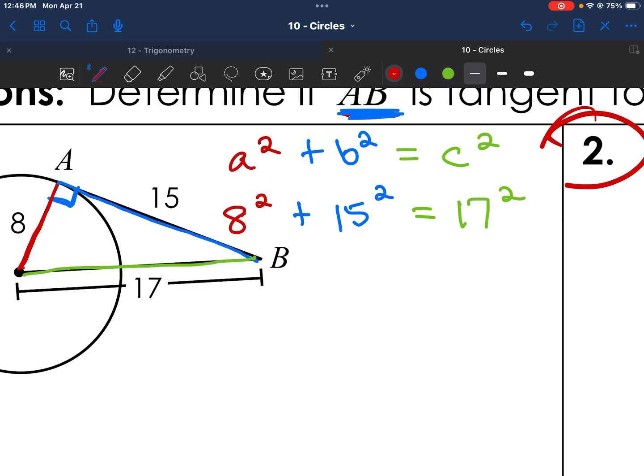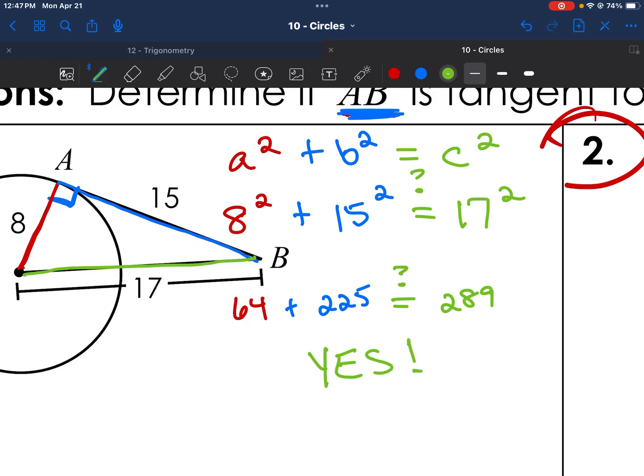Well, whether you type in the 8 squared and the 15 squared individually or all together, let's say if we do it individually, this becomes 64 plus 225 and 289. So the question that I'm asking myself is: is this a true statement? Does 64 plus 225 equal 289? And if you type that in, you're going to see that yes, these two do equal each other.